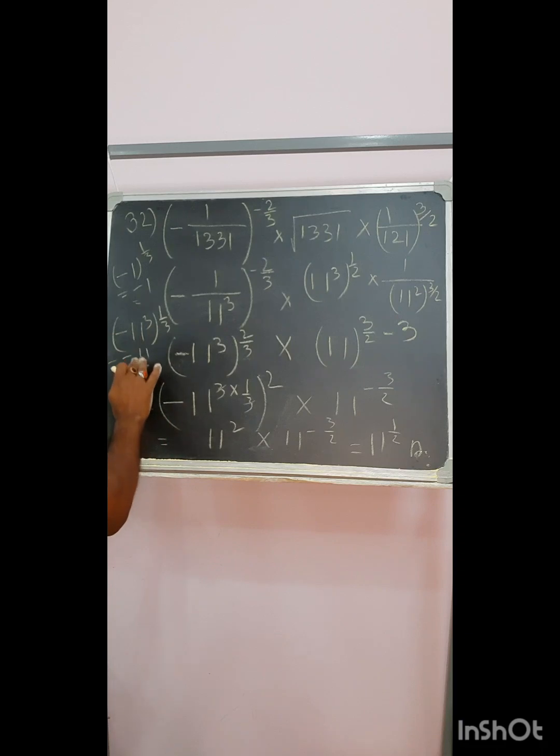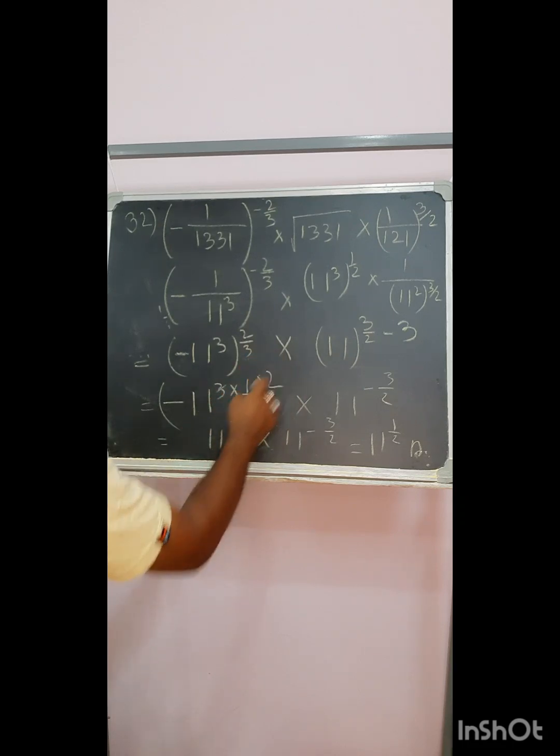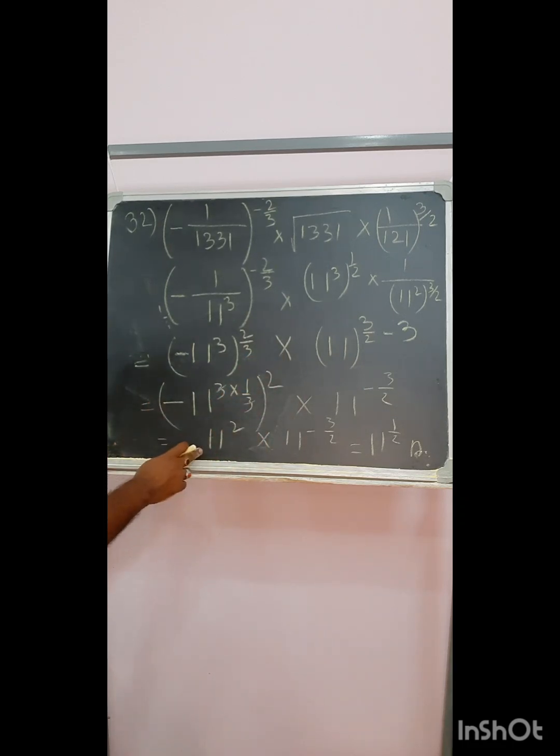Same way this will give you minus 11. So odd indices will give you the same sign, minus. And then if you do this square, it will turn this minus to positive. So ultimately you will get this answer.